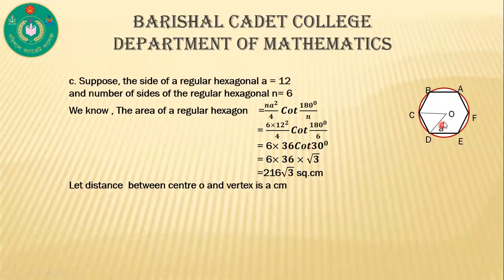Let the distance between center O and vertex is A. The area of triangle COD is equal to half into A into A sine 60 degree, though angle COD is equal to 360 divided by 6 is equal to 60 degree.